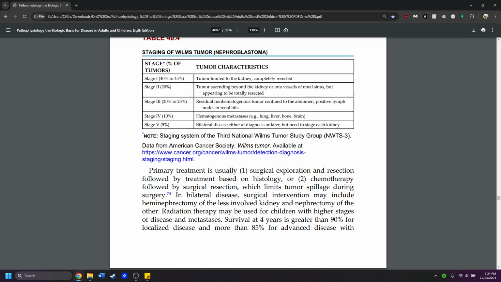Stage 3, residual non-hematogenous tumor is confined to just the abdomen, positive lymph nodes, and renal hilum. Stage 4 is hematogenous metastasis, so it could be to the lung, liver, bone, brain. And stage 5, very rare, only 5%, bilateral disease either at diagnosis or later, but you need to stage each kidney separately.